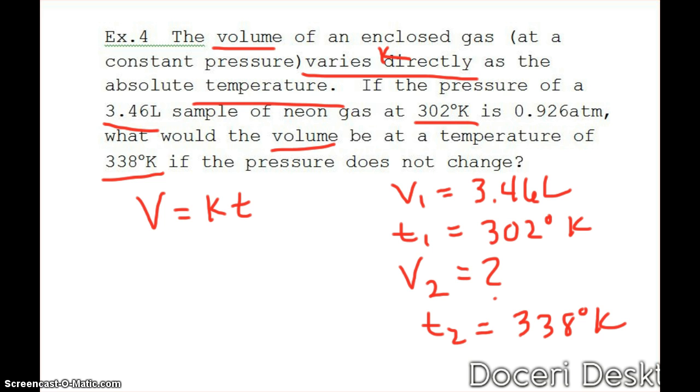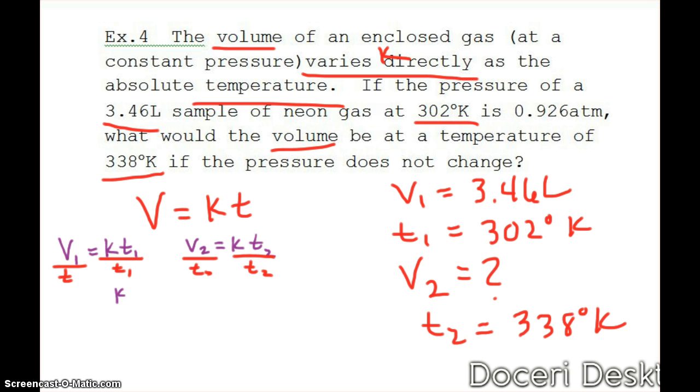We're actually going to do two little equations here just to set this up. We have volume 1 equals K times temperature 1, and then we're going to have volume 2 equals K times temperature 2. If we solve for K for both of these, I'm going to divide by the temperature on both equations.